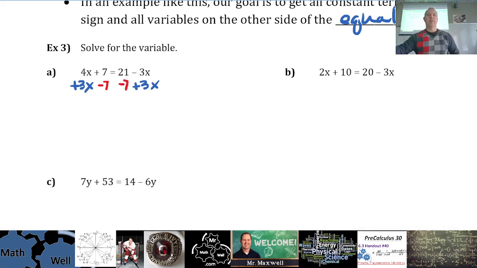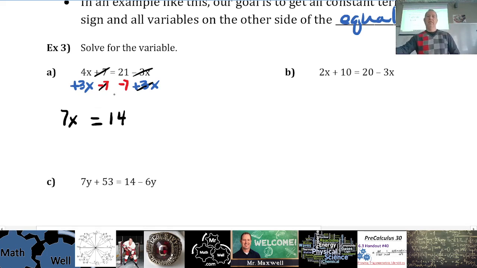Now this will end up looking like this. 4 plus 3 is 7x. 7 minus 7 is gone. 21 minus 7 is 14. And negative 3x plus 3x is gone. So we've done those two steps all in one go. And I'm okay with that. If you can do this, go for it.